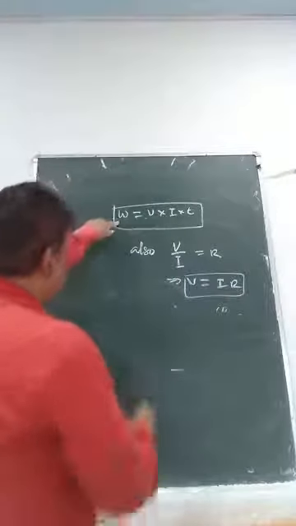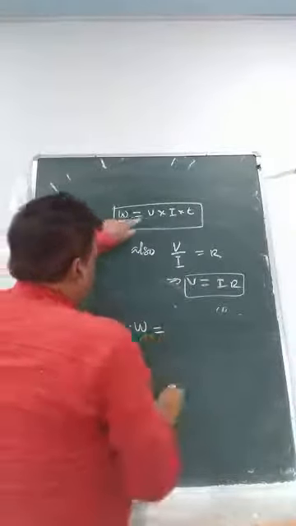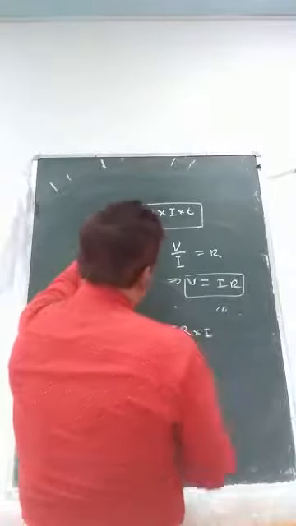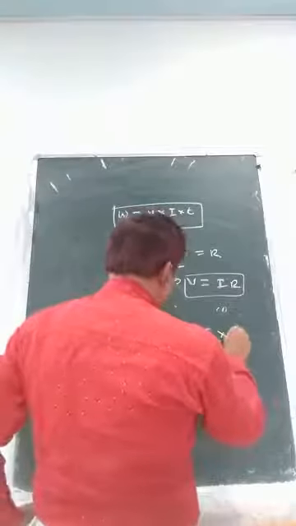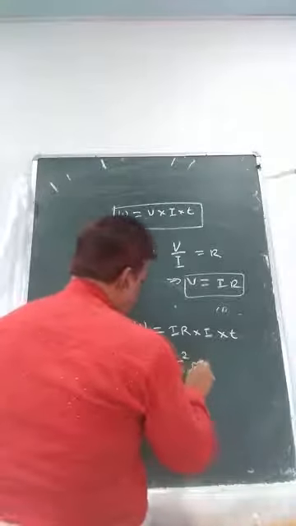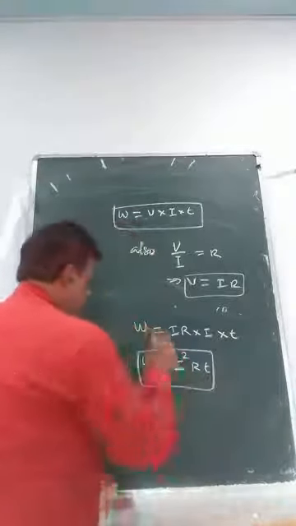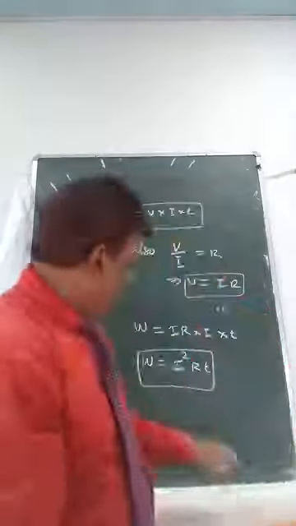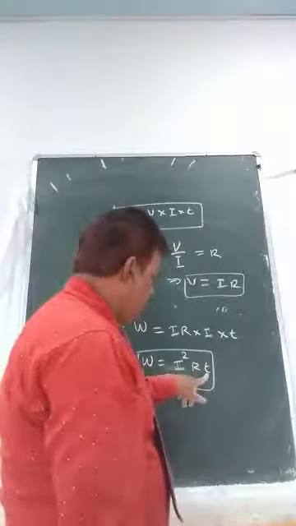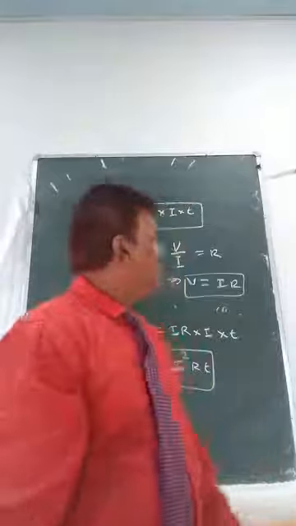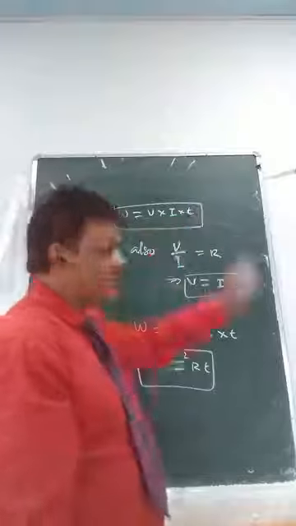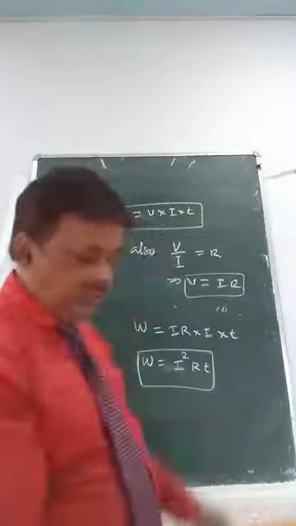So now if I go back to this, work done is V means IR into I into T. So finally work done equals I square RT. Depending on the situation, you will find the work done. This formula is used when the current is given, resistance of the conductor is given, and time is given. The other formula you use when the potential is given, resistance is not given, current is given, time is given. So looking at the situation, we will use it.